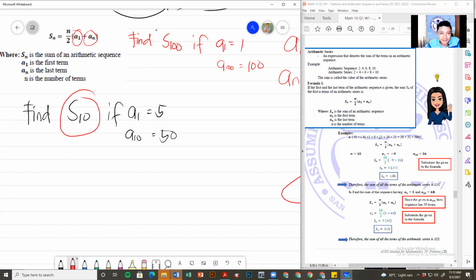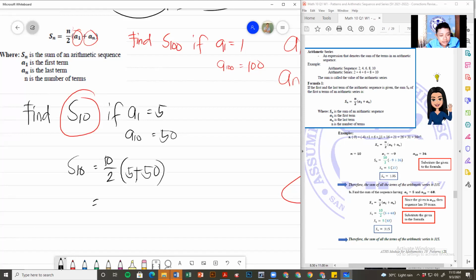Go. It's okay. Ayan. So far, nagiging prominent na the one common answer. Let's see if that common answer is correct. So, let's now listen to the process. S sub 10 is equal to n over 2, that's 10 over 2 times the first term is 5 and the last term is 50 plus 50.